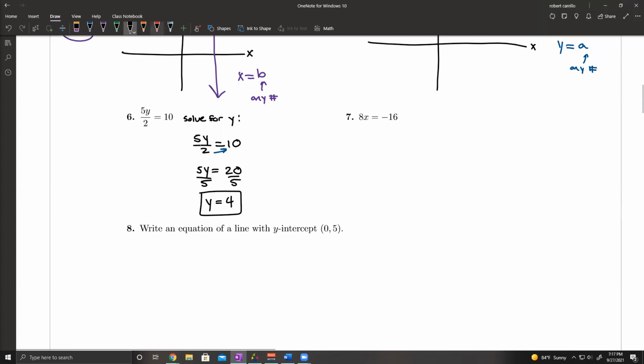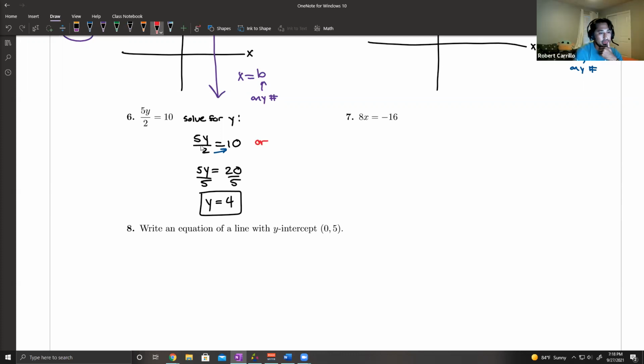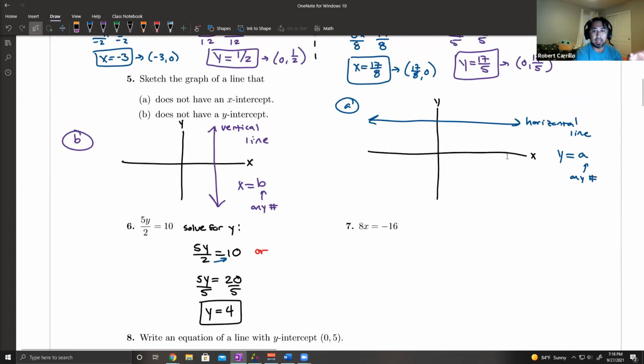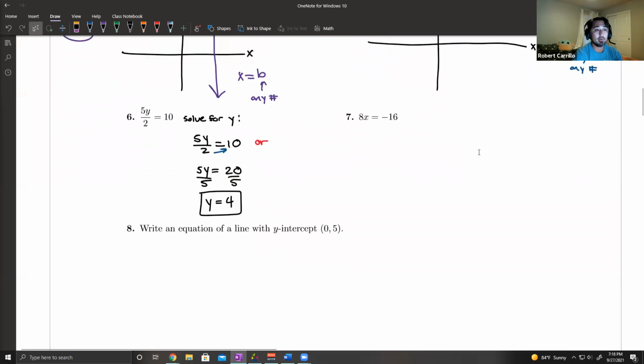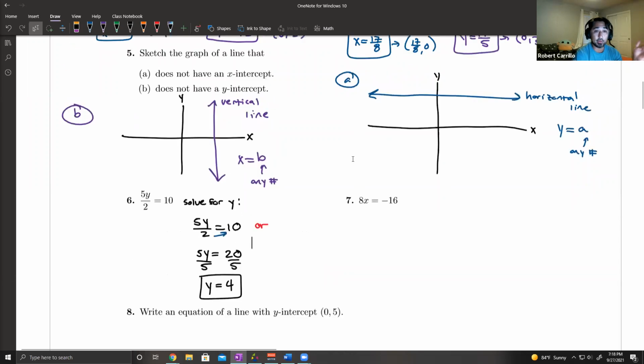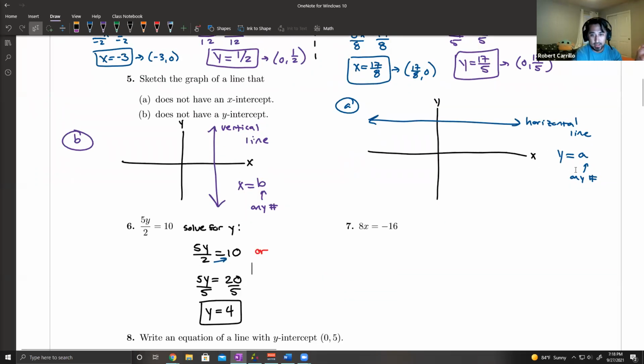So would we still write this like... This is now not an x or y intercept. This is just solving the equation. Oh, okay. Gotcha. Because I think the purpose of this exercise, since we're looking at vertical and horizontal lines, we can now claim y equals 4 is a horizontal line.